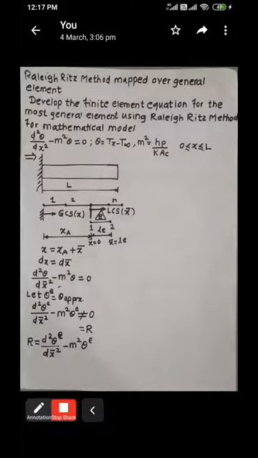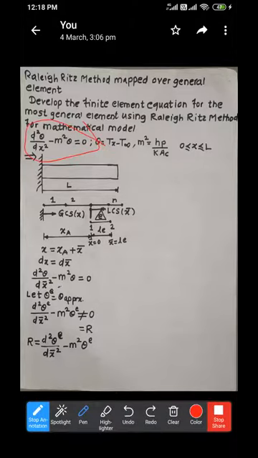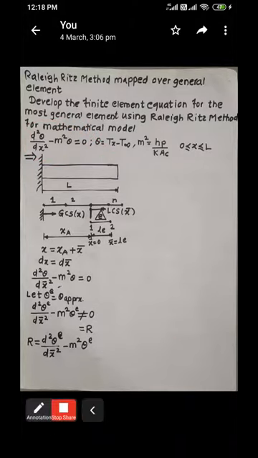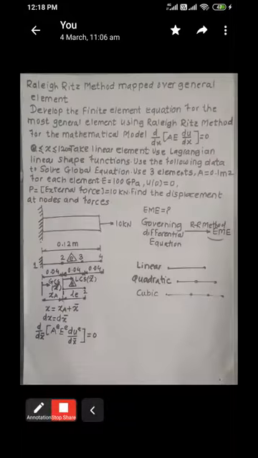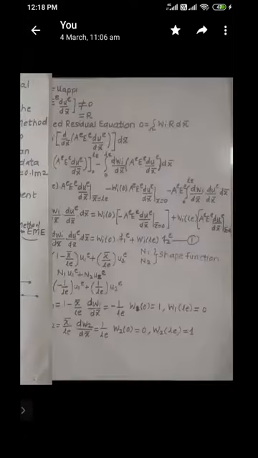Can you see this? Dou square theta by dou x square minus m square theta is equal to 0. Now, when we solve the equation d by dx of AE du by dx is equal to 0, what result did we obtain?